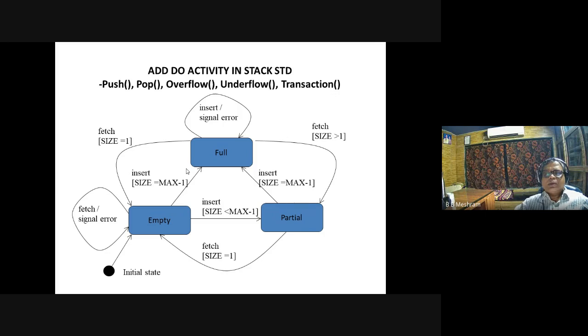And you can perform some other transactions on the elements, whether you would like to add two elements, or perform some other operations like conversion of prefix to postfix and so on.